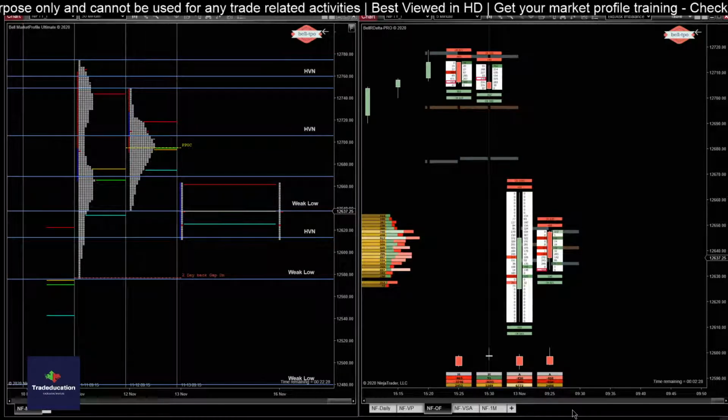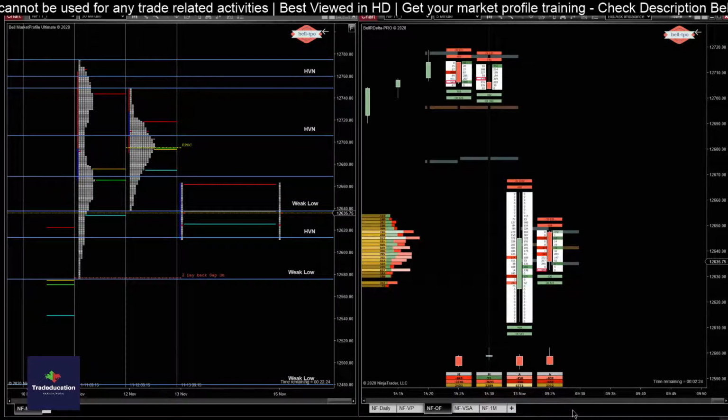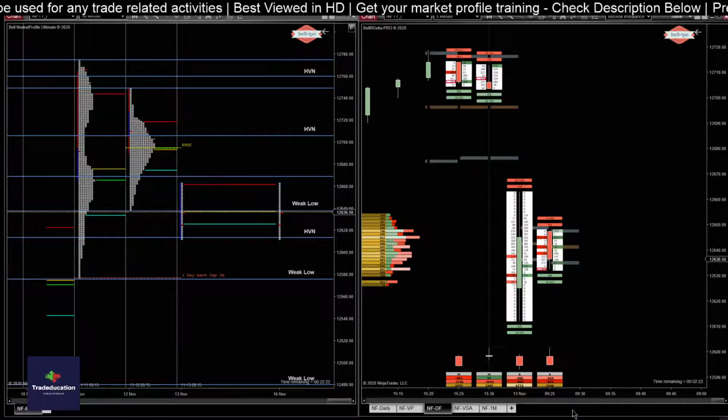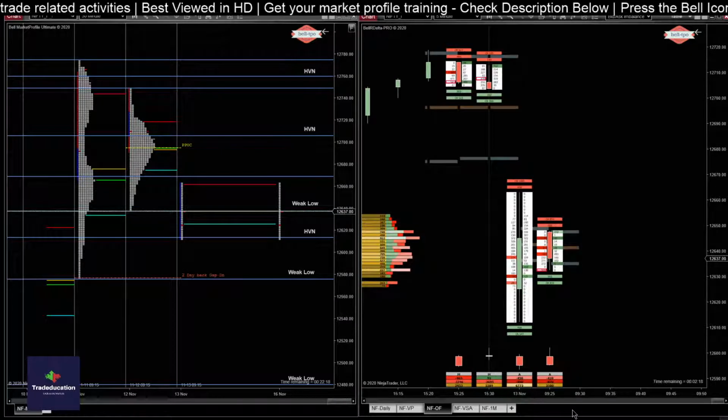The auction is just spending time around yesterday's low. So you need to ask who is buying here and who is selling here. A visual reference.